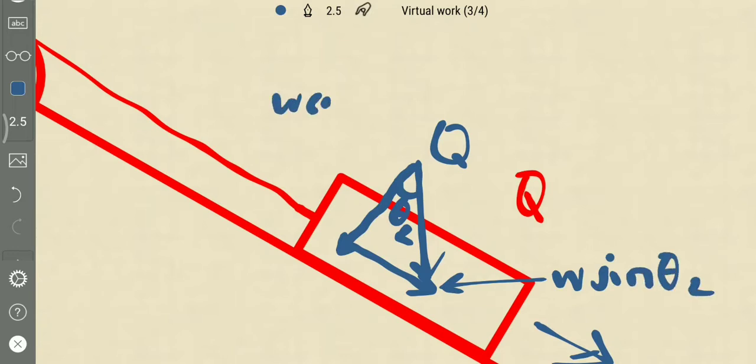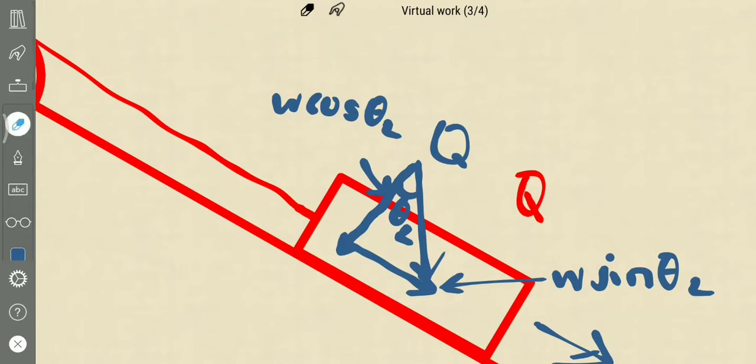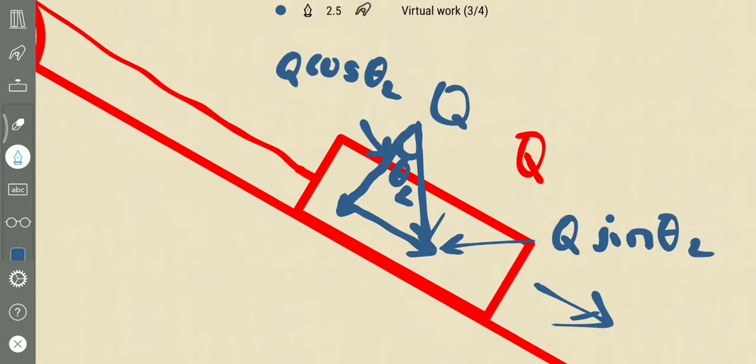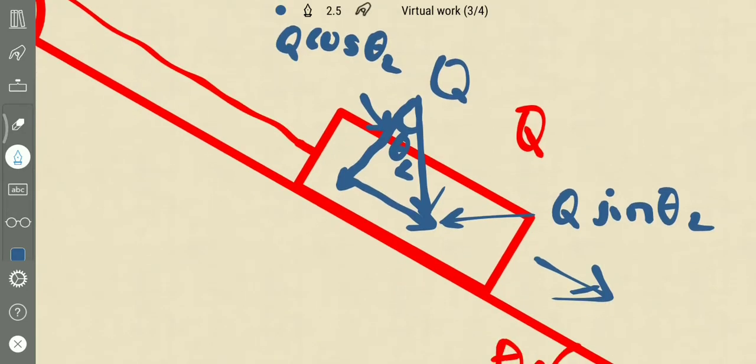This is W cos theta 2. Since this is adjacent and this is the opposite side, this is W sine theta. It is Q, right? Q sine theta 2. This is Q cos theta 2. Since we have said that the weight acting by the body Q is Q, and there will be a normal reaction, say N2.